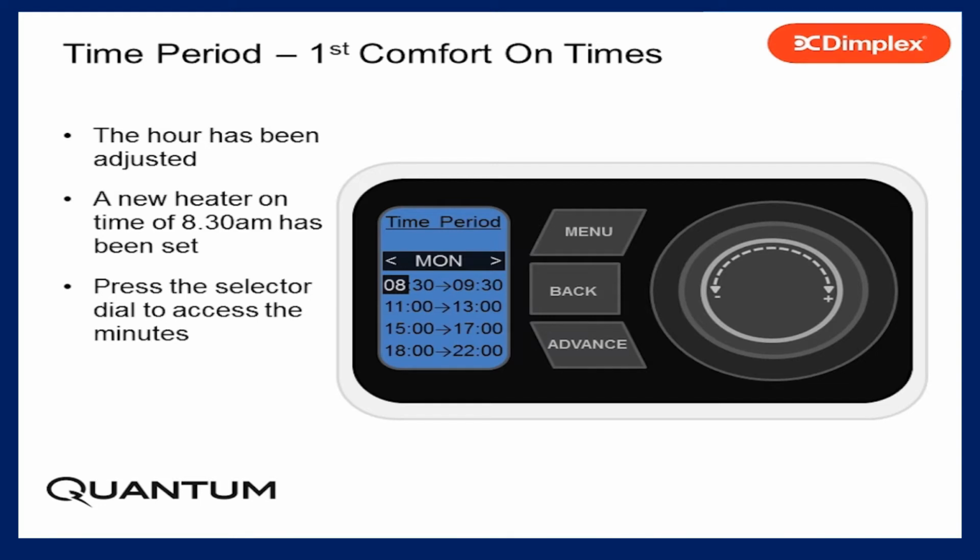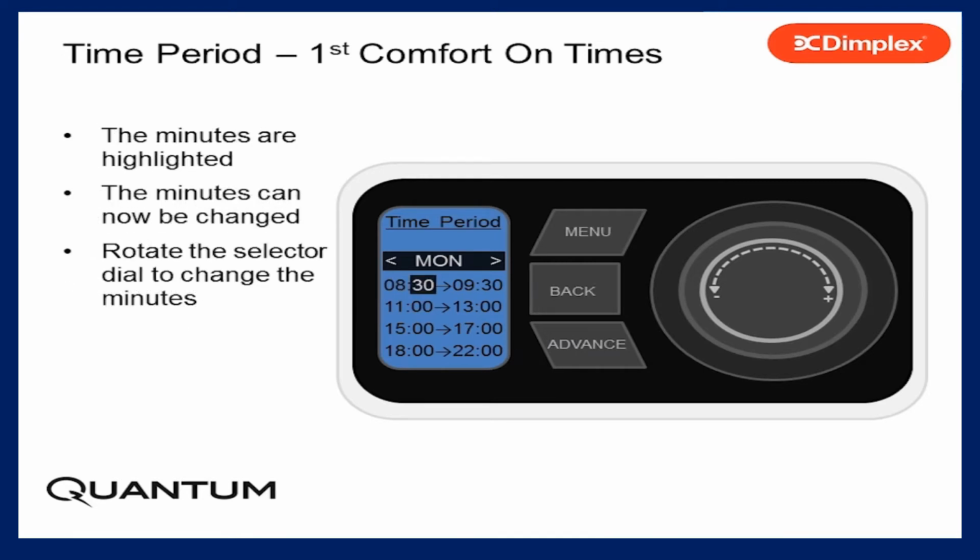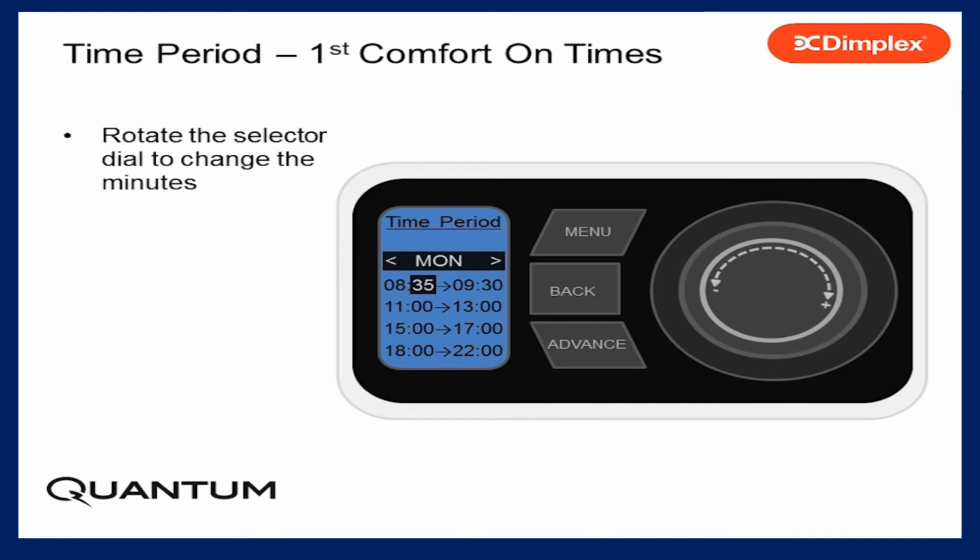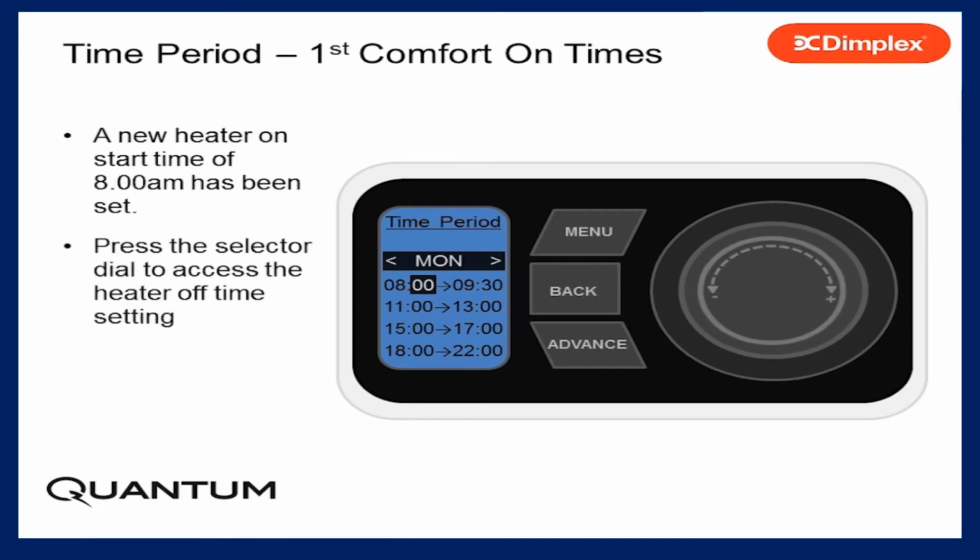Press the selector dial to access the minutes. The minutes are highlighted and the minutes can now be changed. Rotate the selector dial to change the minutes. A new heater on start time of 8 AM has been set.